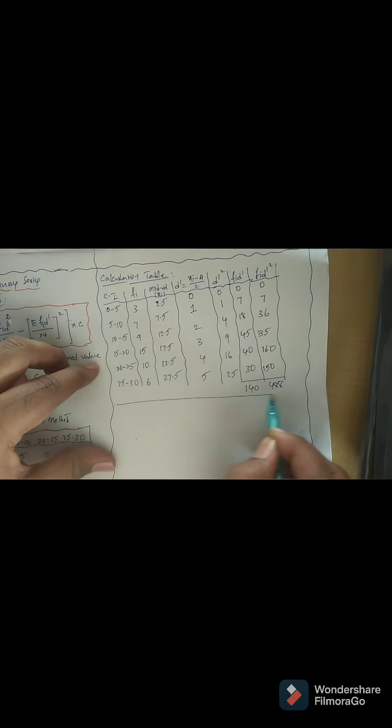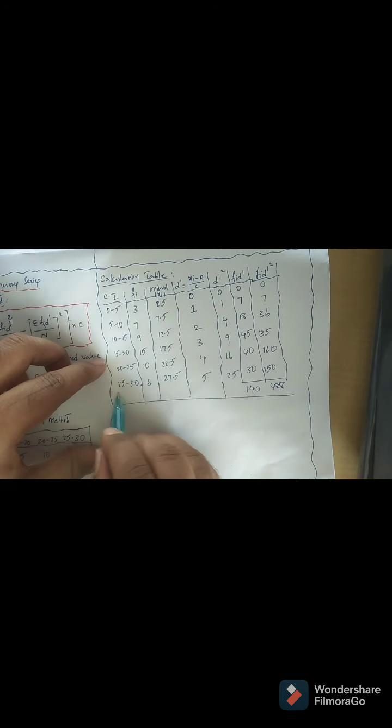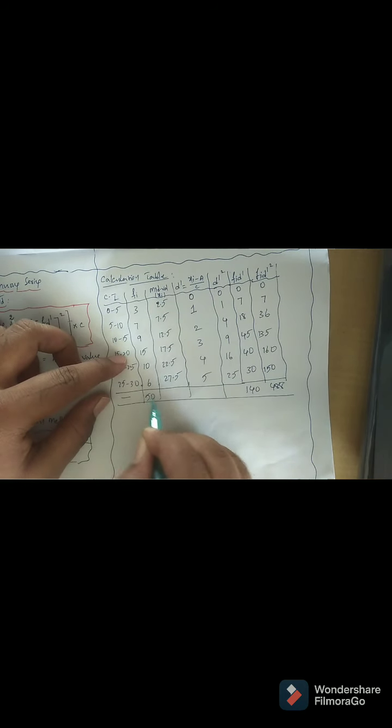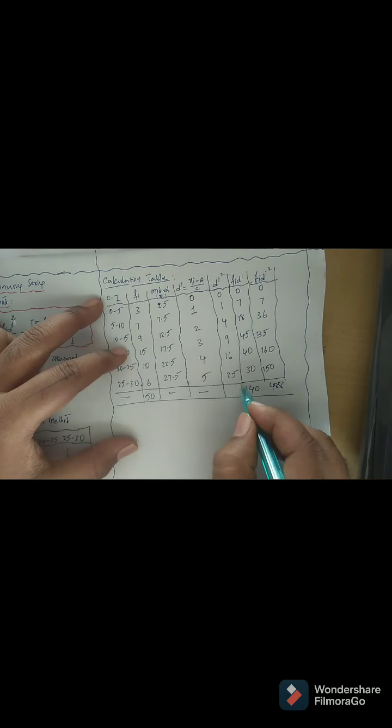Now you fill up the table. So this total is required how much? 50. This is not required, this is also not required.